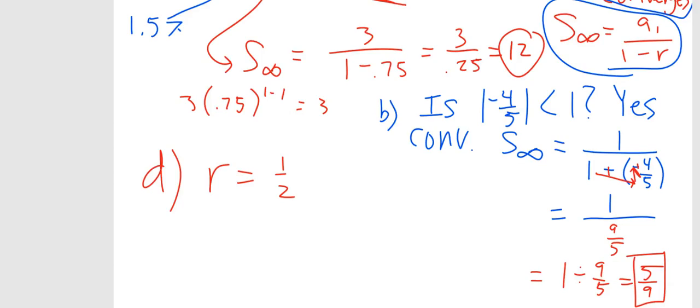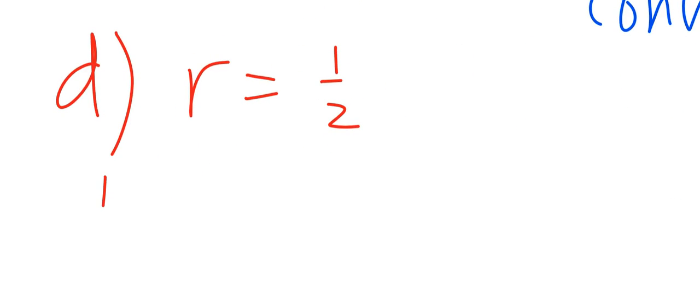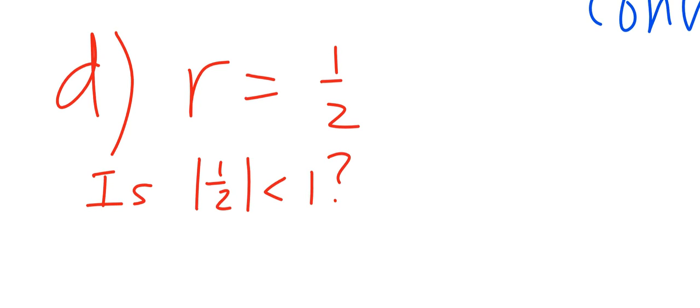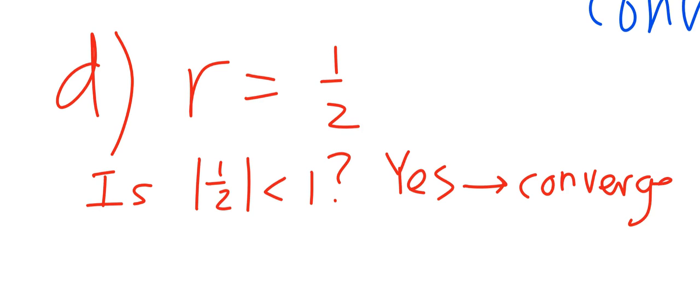Is the absolute value of 1/2 less than 1, yes or no? Yes, that's how we decided that it was convergent. So the series converges. Therefore, I must use the infinite formula. Oh, by the way, if the series diverges, what is the sum? There is no sum.